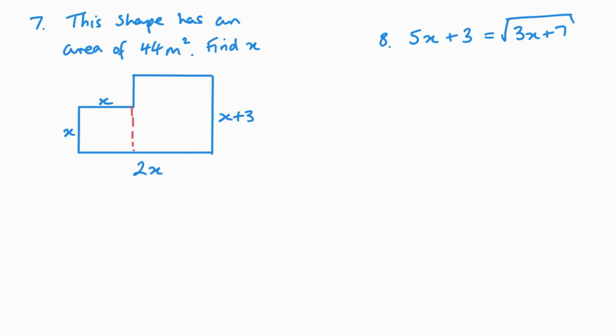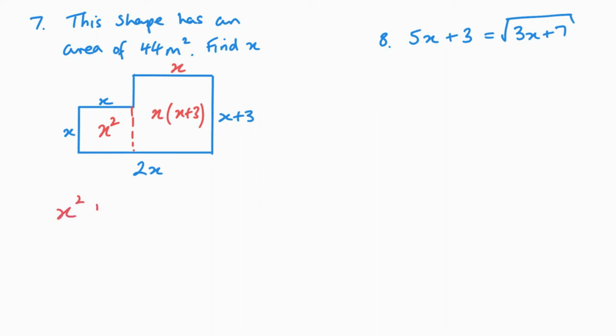So we've got x times x, so we've got x squared, and then we do need this top one here, so all the way along is 2x, part of the way is 1x, so this top one has got to be 1x, so then we've got x times x plus 3, which I can expand, but I won't for a second.